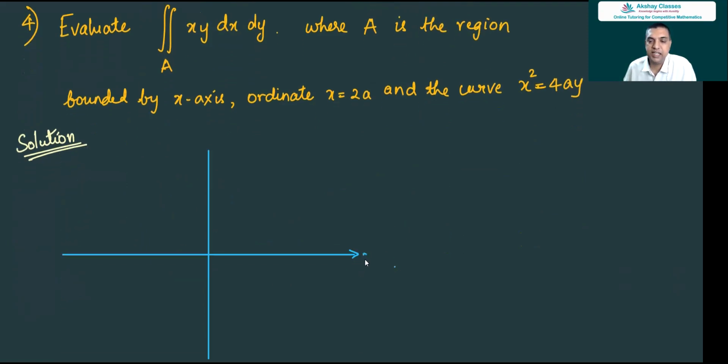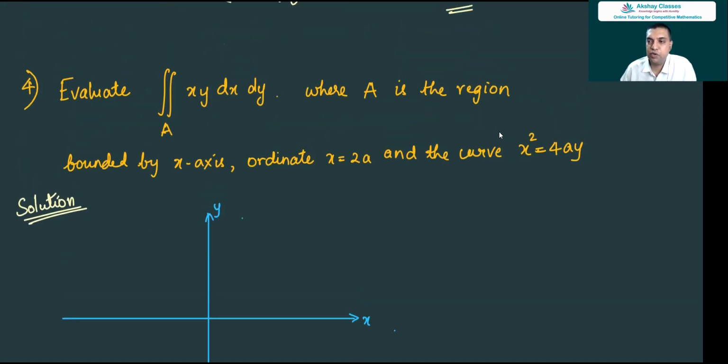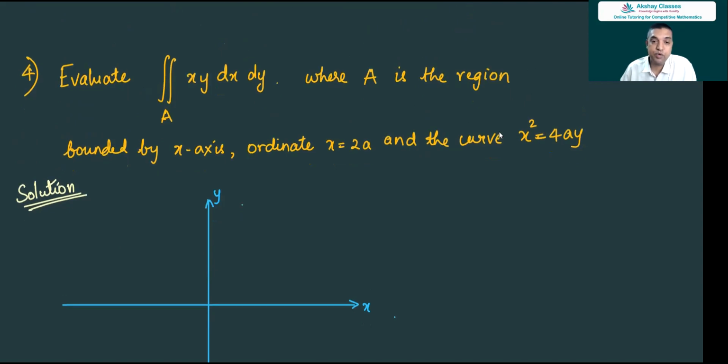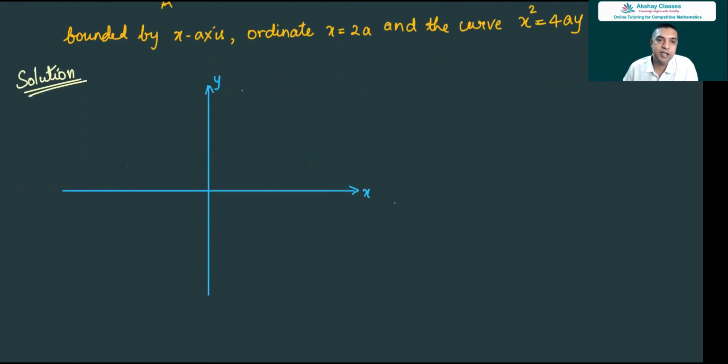So this is the xy plane. And x square equal to 4ay will be a parabola like this, assuming a constant.